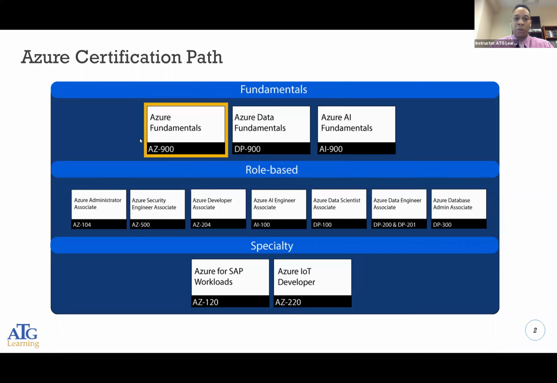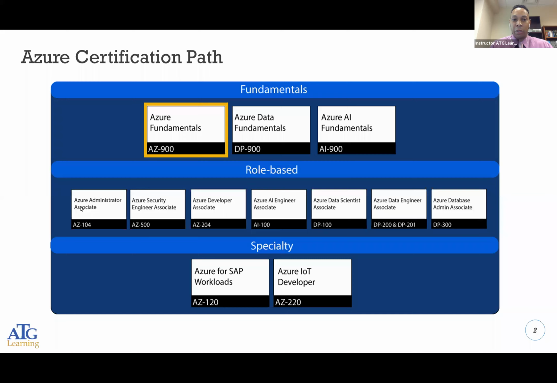Again, you're going to get a 1-star certification from Microsoft in any of these fundamentals, 2 stars for the role-based, and specialty or expert level, you're going to get 3 stars. The exam cost is $99. And again, there is no prereq for any of the fundamental level exams. You can come in, you can take the exam without any previous knowledge or any previous certifications.